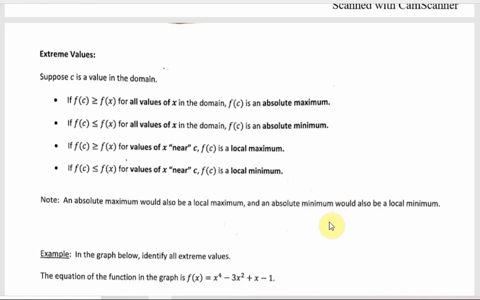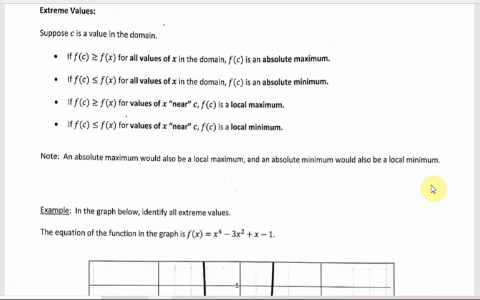And it's true that an absolute max would also be a local max and an absolute min would also be a local min. But typically, if you had an absolute max, you would just call it an absolute max, right? And then if you have a local min, usually, if you're calling something a local min, that means that there is something lower somewhere else. But that's a valley that shows up in the function somewhere.